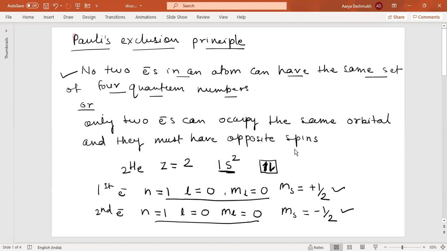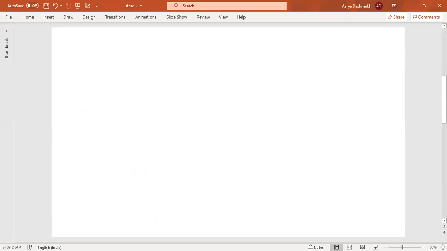Now we'll proceed further with Hund's rule of maximum multiplicity. Some people pronounce it as Hans also, but I guess this is a German word, so it should be pronounced as Hund's rule of maximum multiplicity.